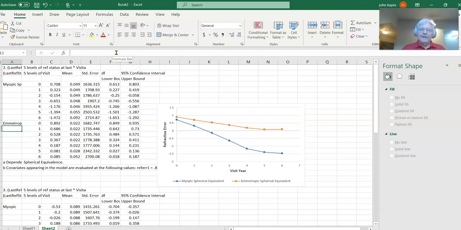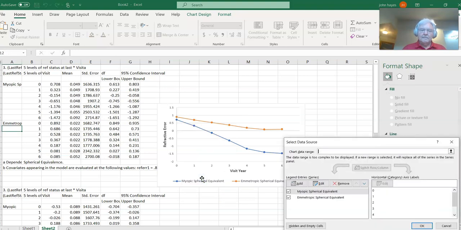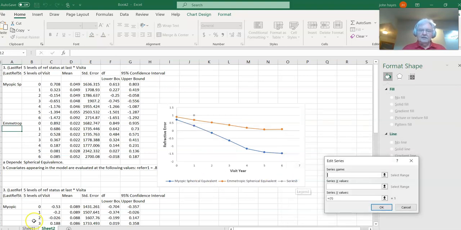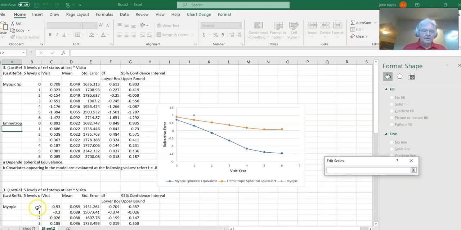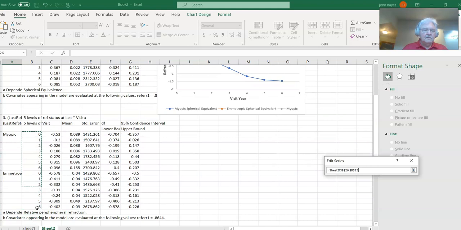All right, now let's go in and add some stuff. So let's see, select data, add series name myopic, x value this, y value means for the visit.